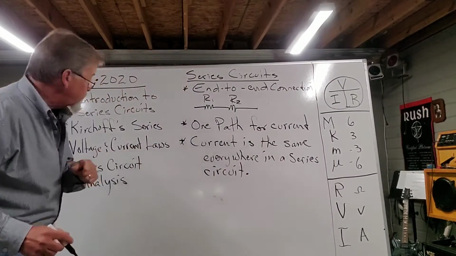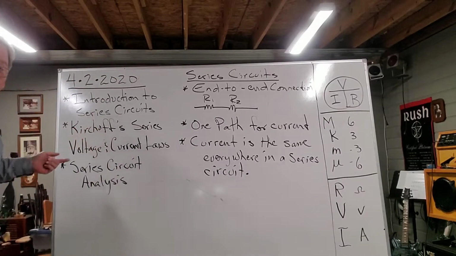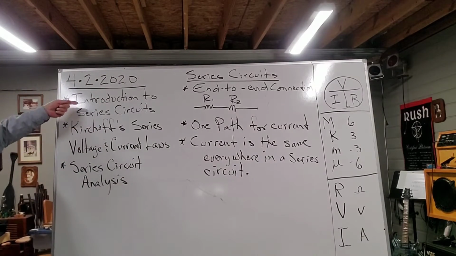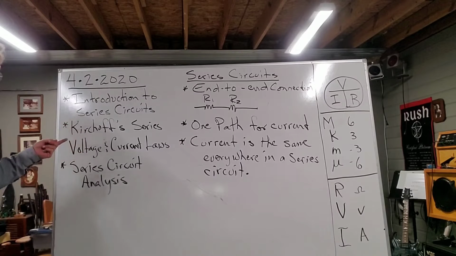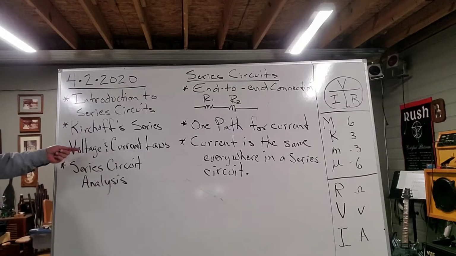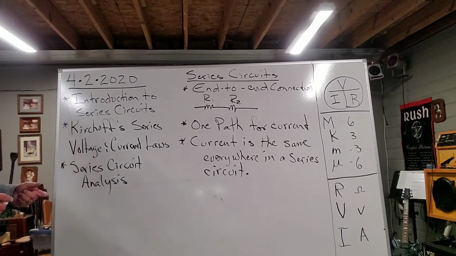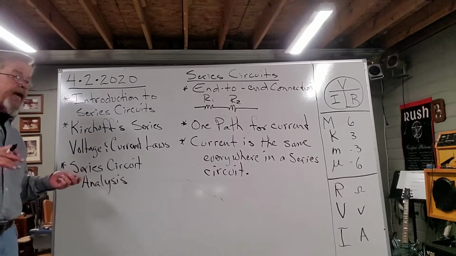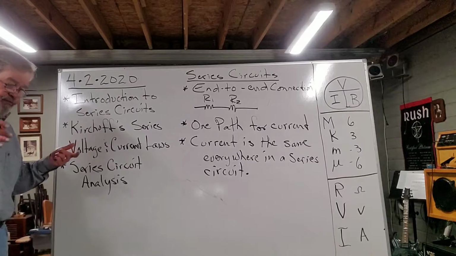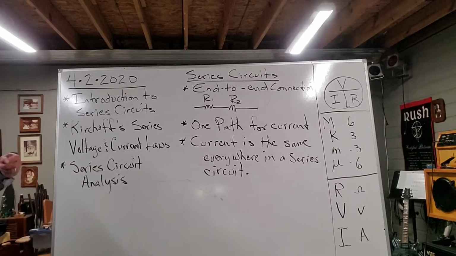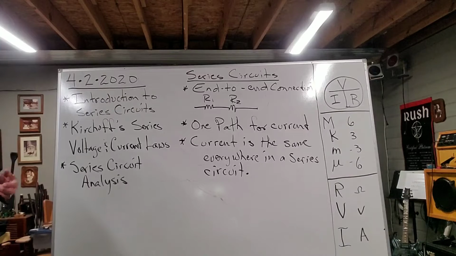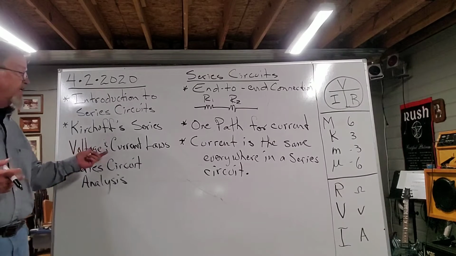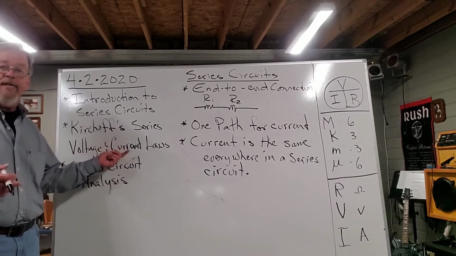Now look, over here on the agenda, I told y'all we're going to do introduction to series circuits. Now we've got this thing called Kirchhoff's series voltage and current laws. But the deal is, it's as simple as saying the amount of current flow in a series circuit is the same everywhere.